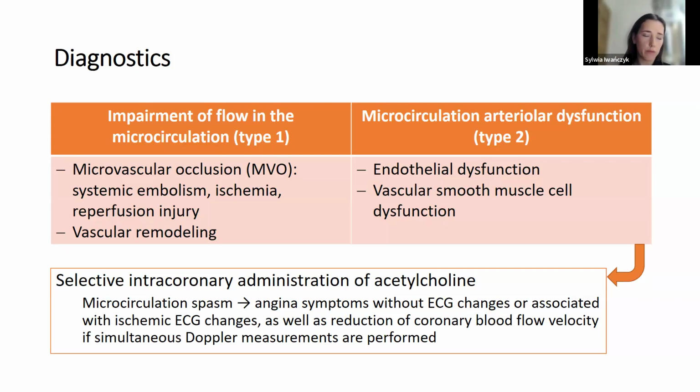We diagnose microcirculation spasm, so dysfunction of this part of circulation, when we have angina symptoms with or without ECG changes, with or without the reduction of coronary blood flow velocity if we have a Doppler examination at the same time, but generally without the reduction of the coronary diameter during the test, or a reduction of less than 90%.